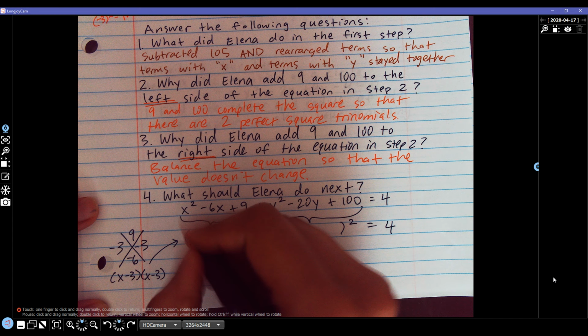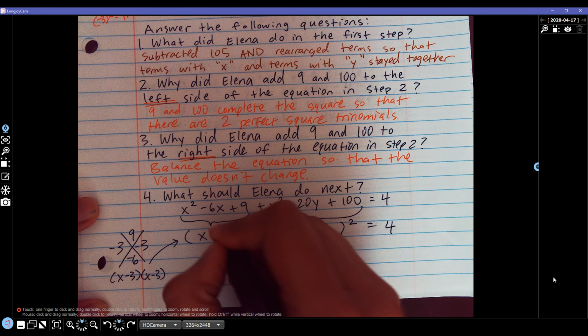So I know that 3 times 3 is positive 9, but if I add these two numbers, they also need to give me negative 6. So I'm actually going to make both of them negative here. So then we can write x minus 3 times x minus 3. And since we're multiplying x minus 3 by itself, we can just write this as x minus 3 squared.